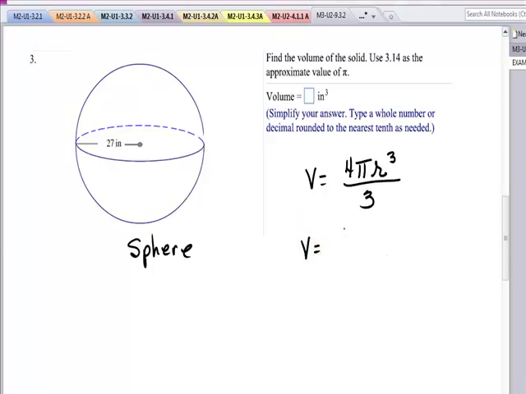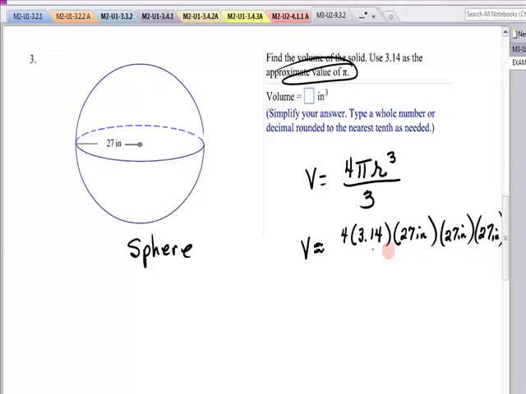It says approximate, so we just do approximate in this one. So the volume is approximately 4 times 3.14, that makes it approximate when you put that in for pi, times 27 inches times 27 inches times 27 inches. And when I get that answer, I'm going to divide it by 3.